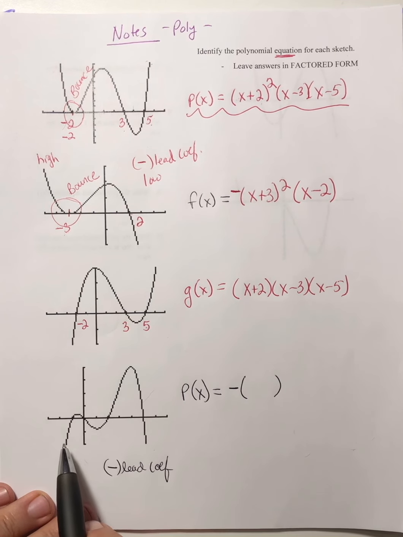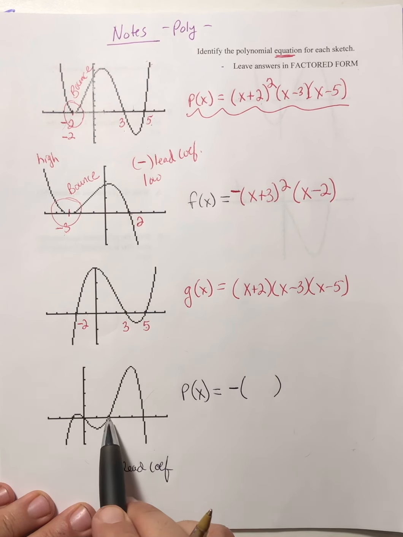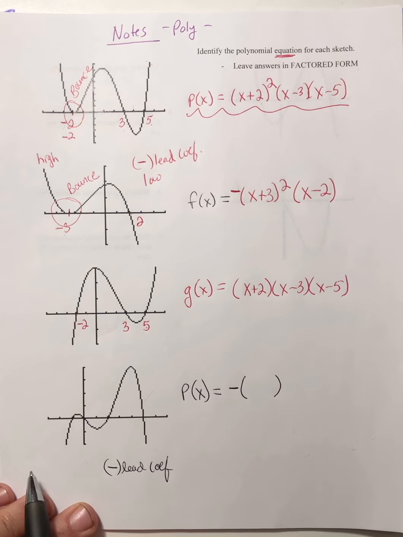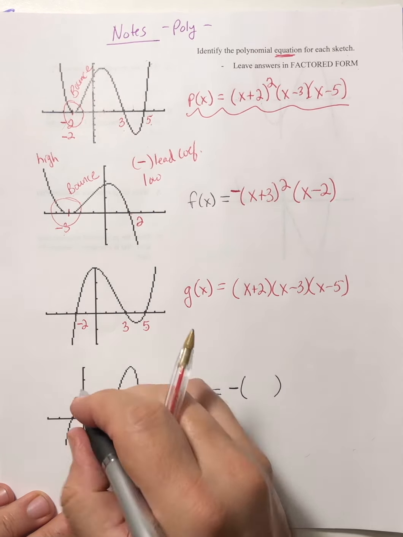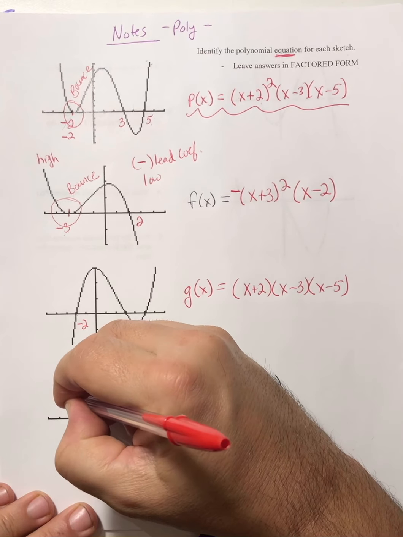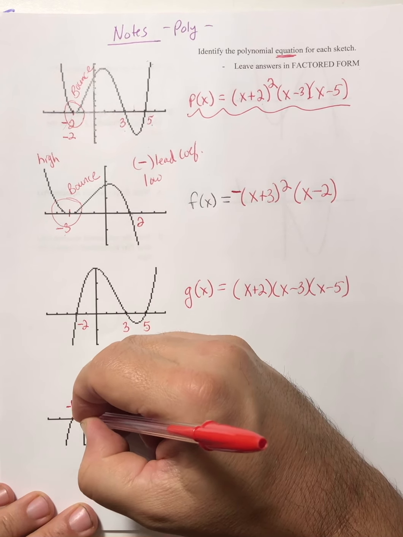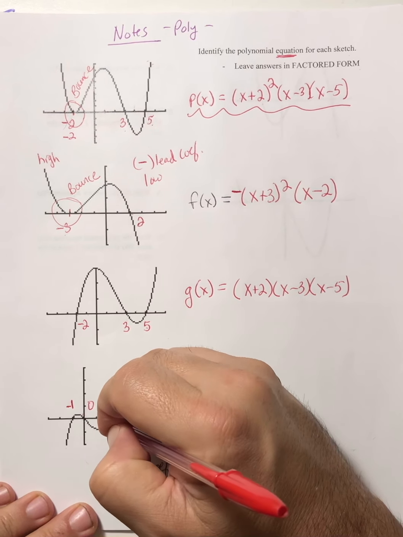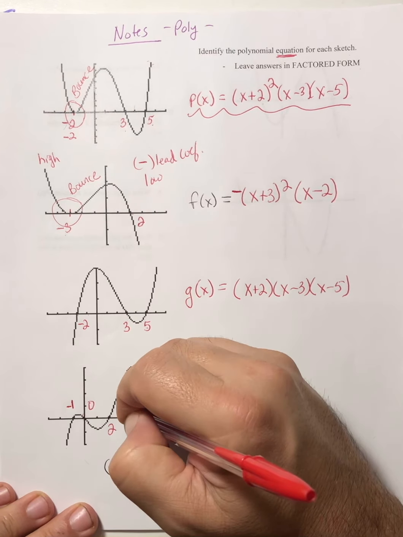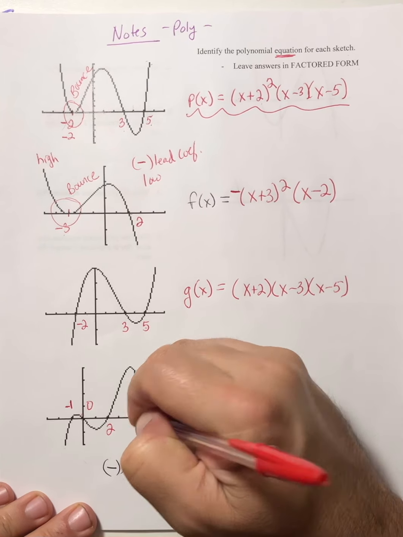This is a fourth degree. 1, 2, 3, 4. Shows 4 times. Okay, so what do we have here? There's 1. That's negative 1. It crosses at the origin, so that's right, 0 is a root. There's 2, 3, 4, and here's 5.